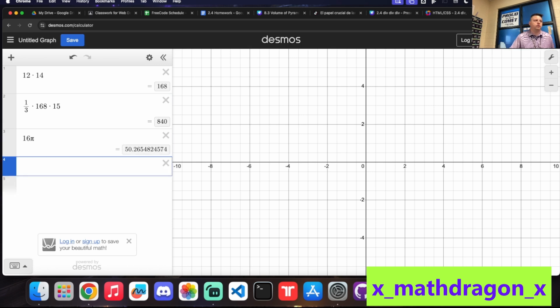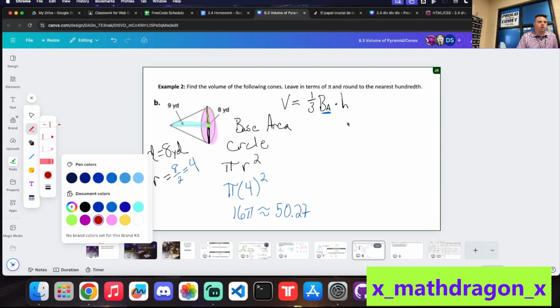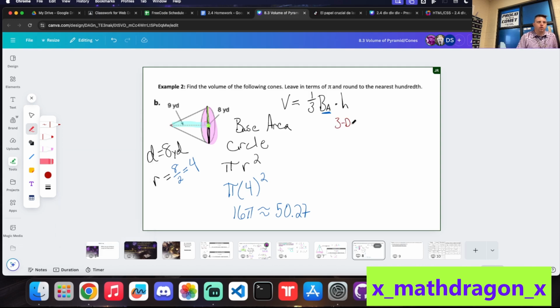It's 50.27. So that is my base area. My three-dimensional height h is 9.